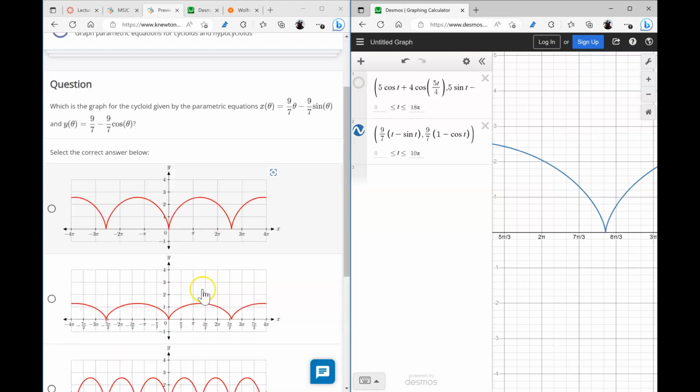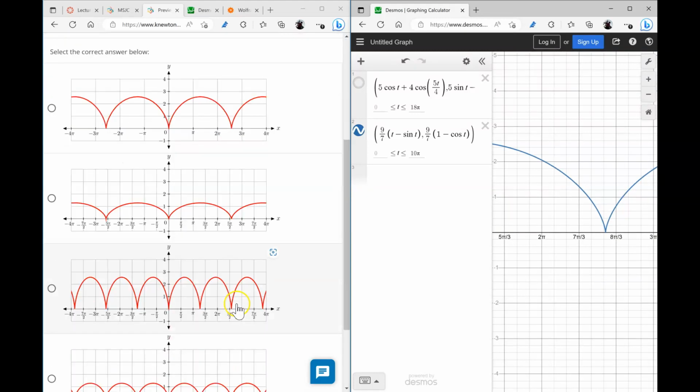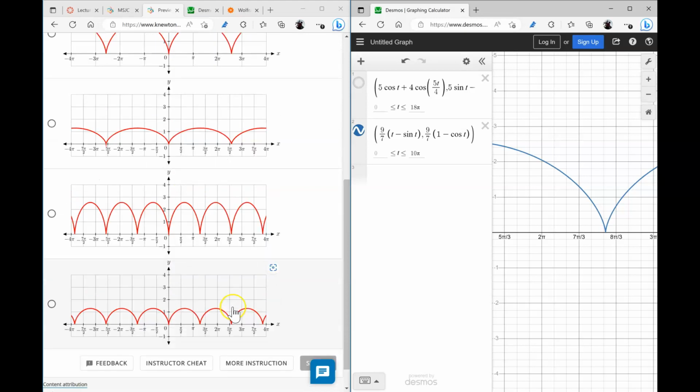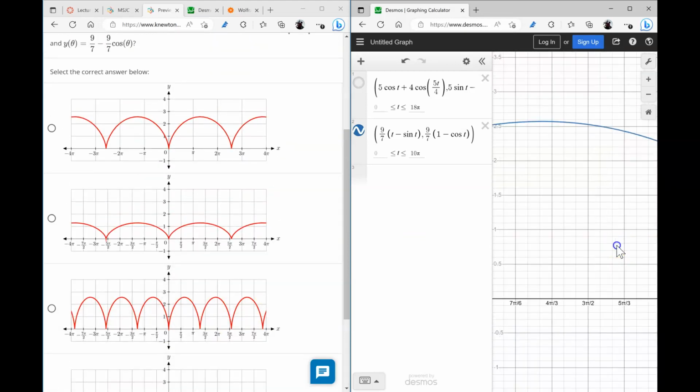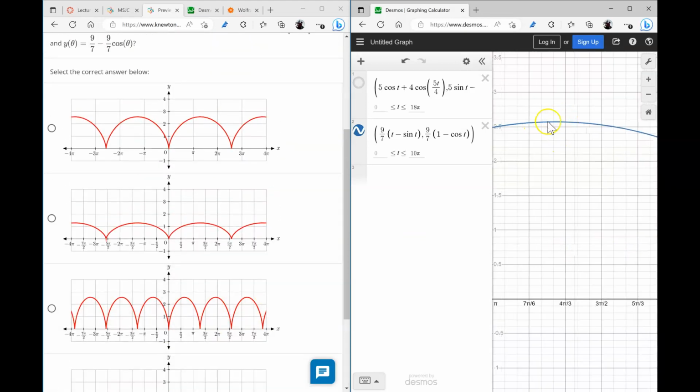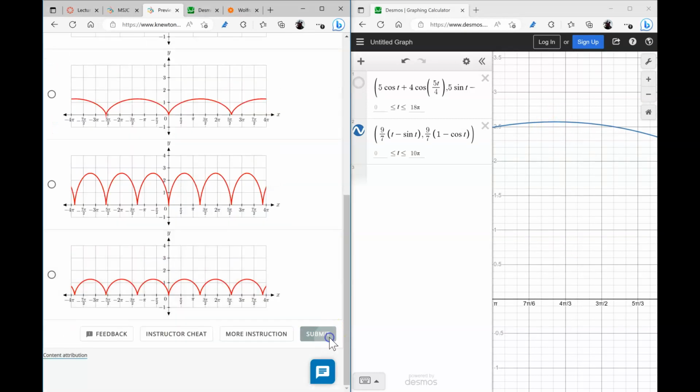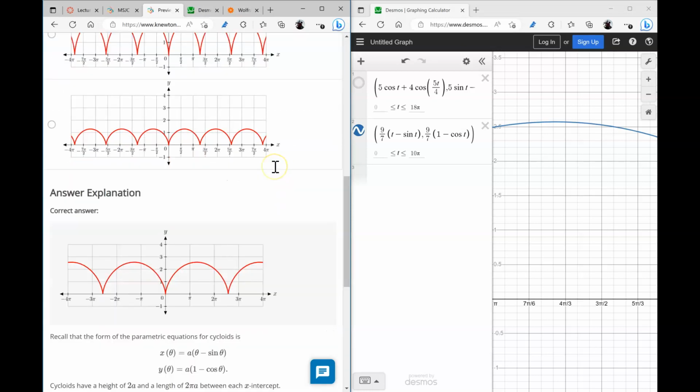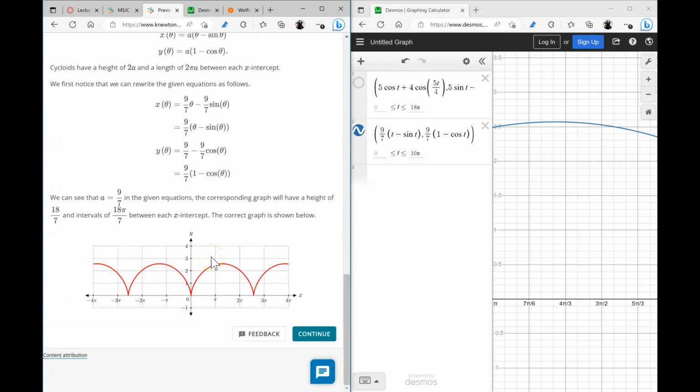So it's closer to 3 pi. So this one looks good. This one looks good. But the maximum height is closer to 3 than to 2. So it's got to be the first one. Okay. All right. And if you have any questions about this, please reach out.